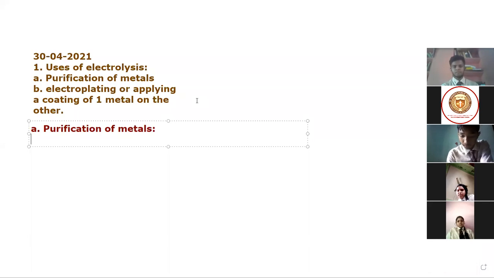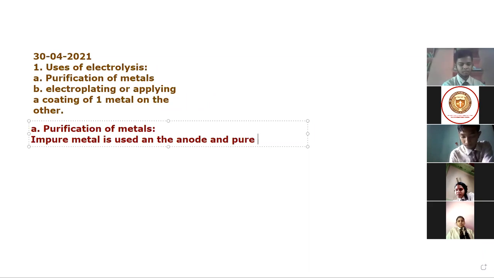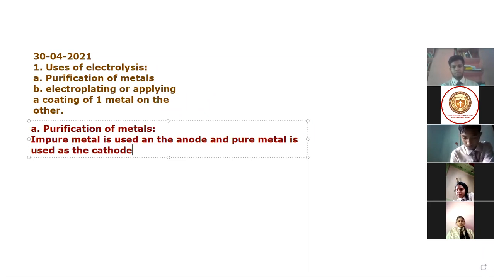So the general method for the purification of a metal is: impure metal is used as the anode, and pure metal is used as the cathode. This is the first step you have to remember. Impure metal is the anode, pure metal is the cathode.